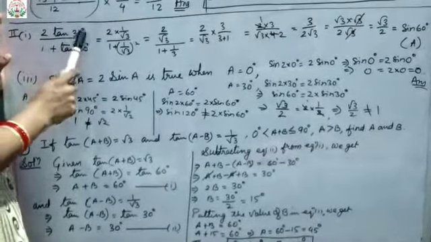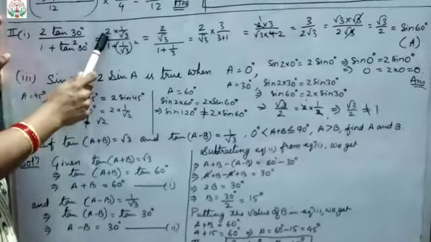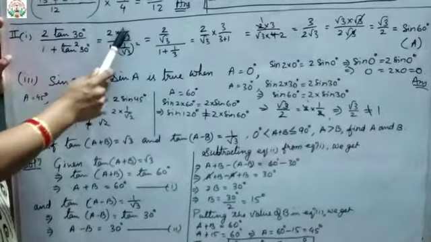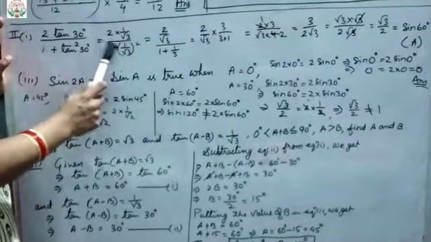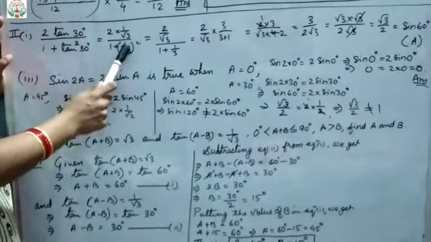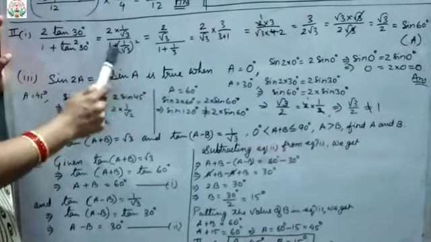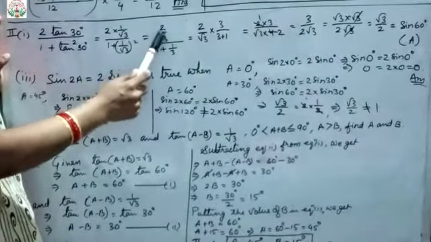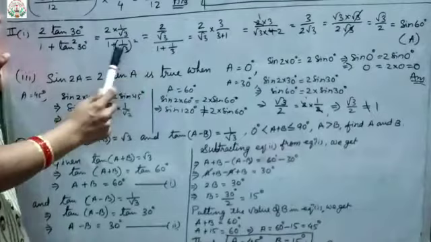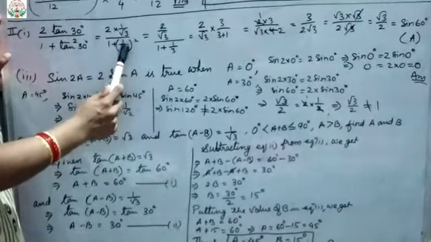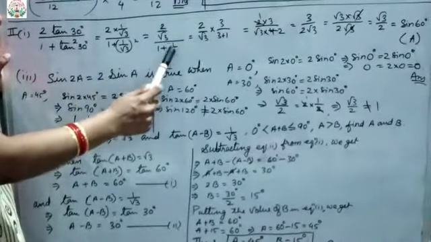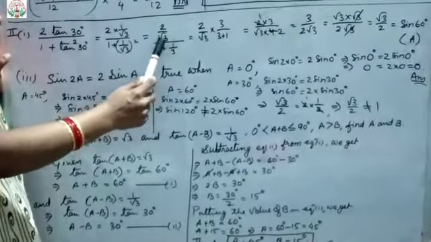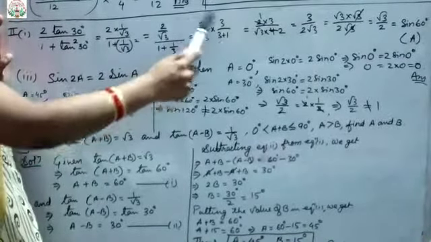Okay. So put the values of tan 30, that is equals to 2 into tan 30 which is 1 upon root 3, upon 1 plus 1 upon root 3 whole square. Now put the values: 2 upon root 3 whole upon 1 plus this 1 upon root 3 whole square, which will be what? 1 upon 3 only. Now simplification. On simplification what will you get?